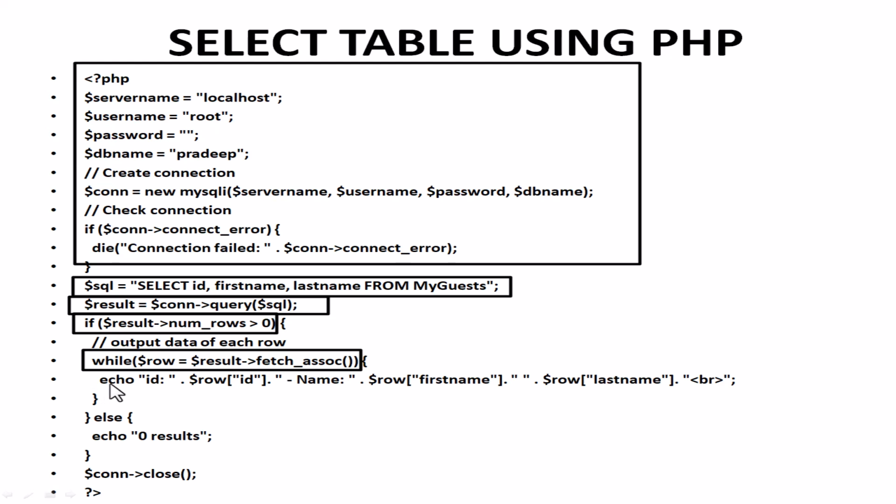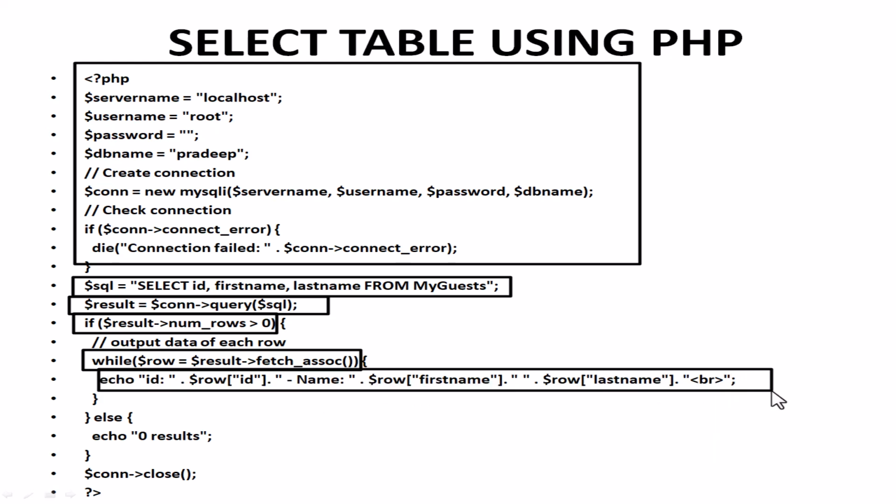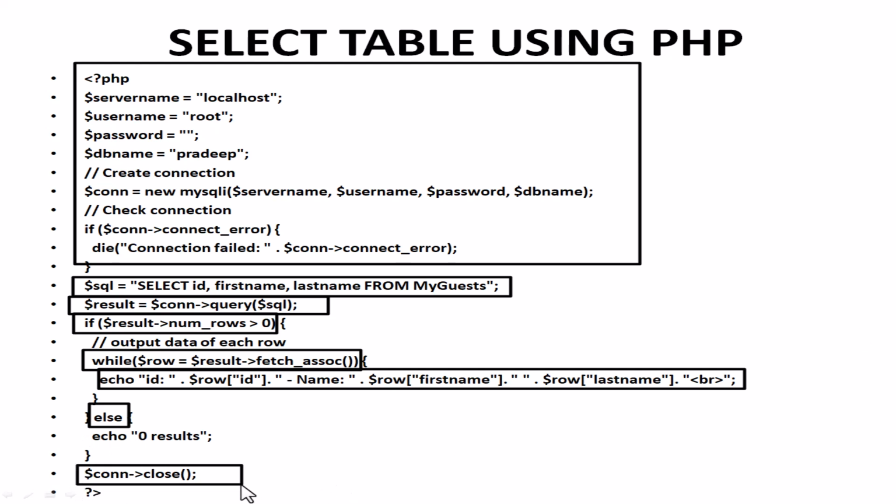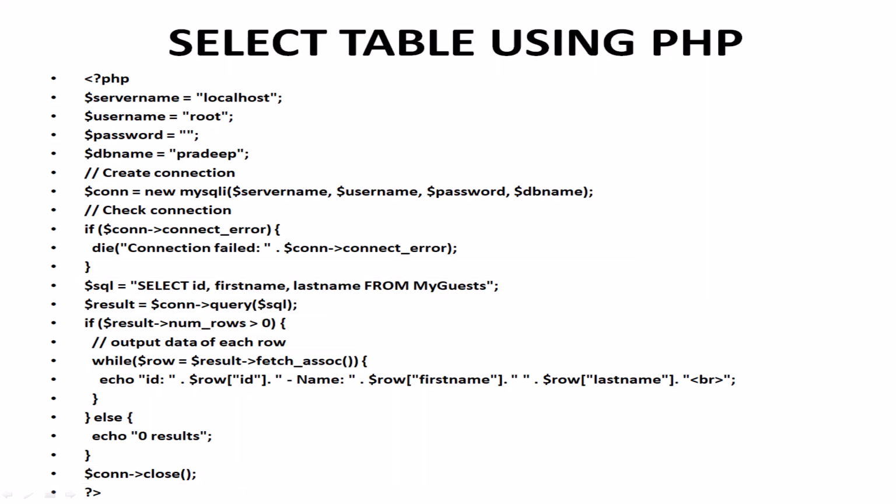Then it is going to print the details of row ID, first name, last name. If you want to specify some more fields, timestamp or email ID, you can also specify. Otherwise, else echo 0 results found. Finally, you close the connection by using connection close.